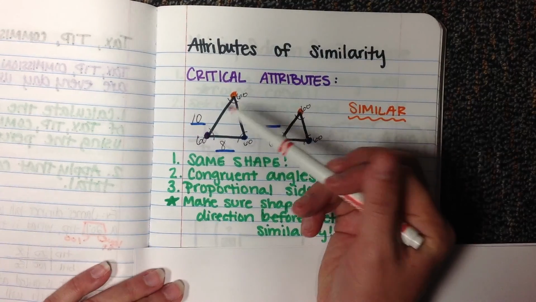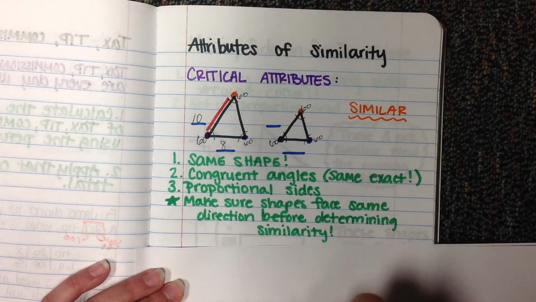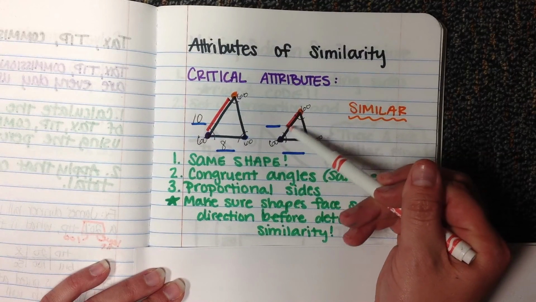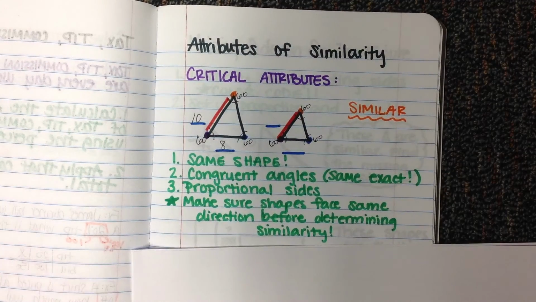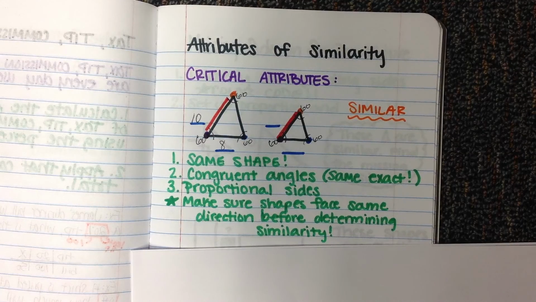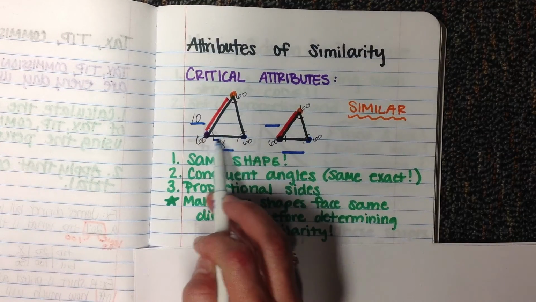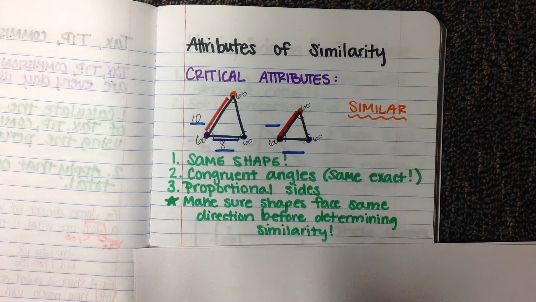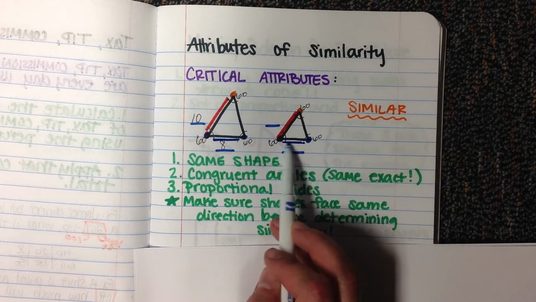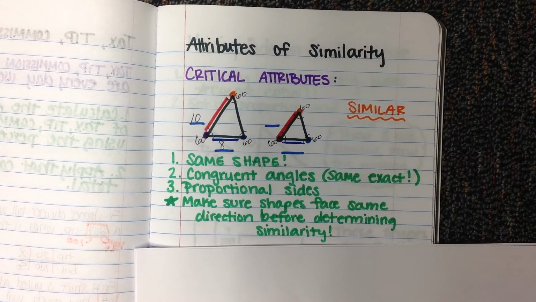So the red side of my large triangle is going to be proportional with the red side of my small triangle. The blue side of my large triangle is going to be proportional with the blue side of my small triangle. As one side increases or decreases, the other has to increase or decrease.